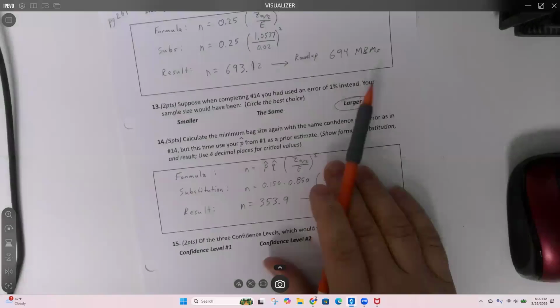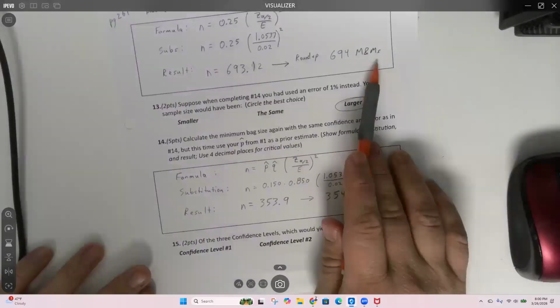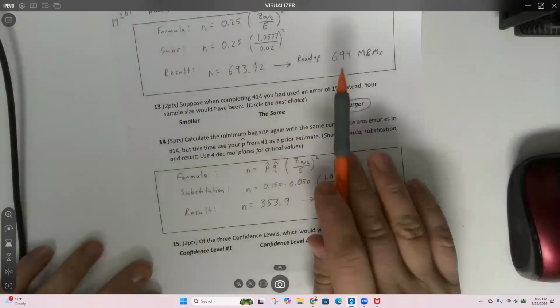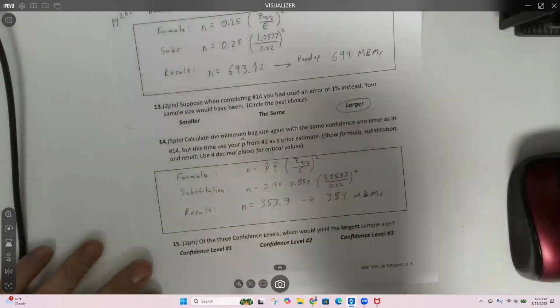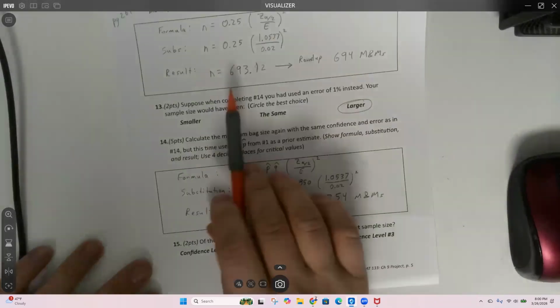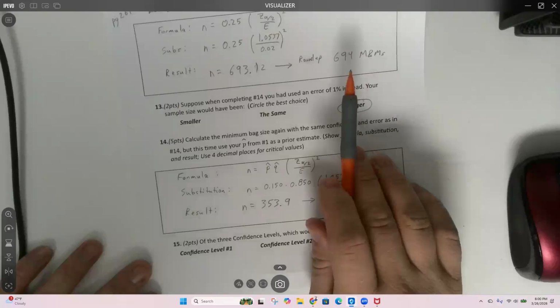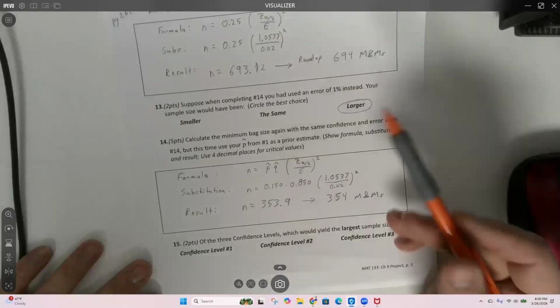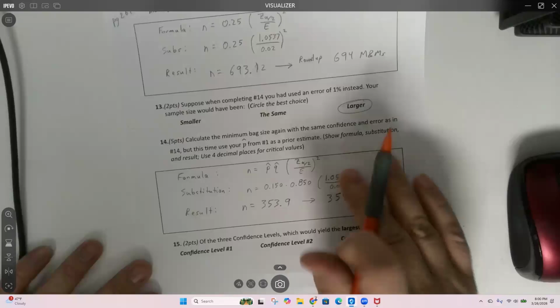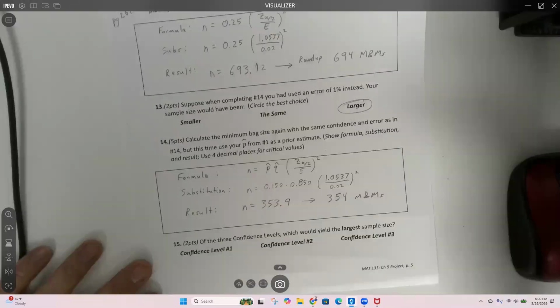Imagine instead if we were looking at how effective our COVID vaccine is. If I have no prior estimate, I'm going to have to inject my vaccine into 1,000 people, which means I have to get 1,000 people. I have to pay my technicians.